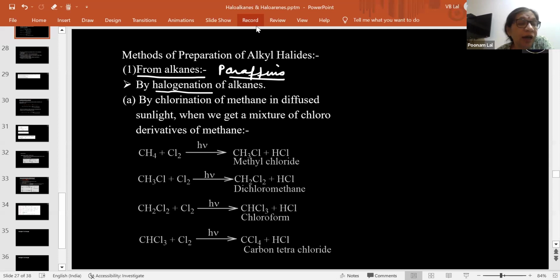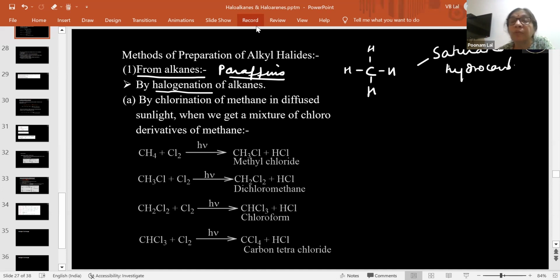So halogenation means substituting or putting a halogen in place of a hydrogen, right? So you see, this is methane. What type of compound is methane? It is a saturated hydrocarbon. And as a result of the reaction, what do I do?